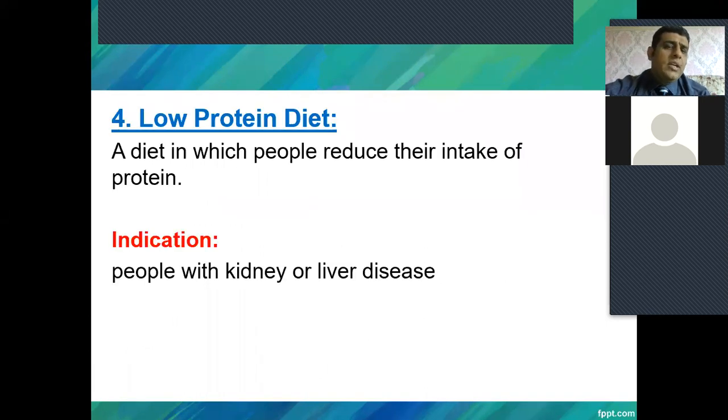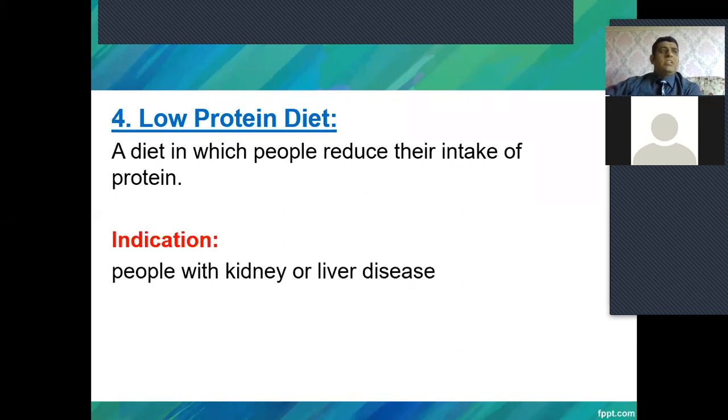Then, low protein diets are where the patient needs to decrease the protein. This happens sometimes with patients with chronic diseases, such as kidney diseases or liver diseases, because the protein is eliminated from the body by the kidney, and the liver has to work more to digest the protein.